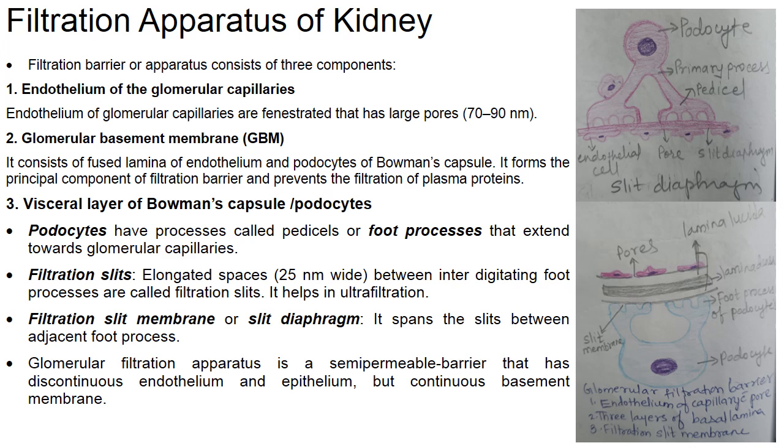Then the filtration slit membrane or slit diaphragm spans the slit between the adjacent foot processes, and the glomerular filtration apparatus is semi-permeable. It is a barrier that has discontinuous endothelium and epithelium, and it has continuous basement membrane.